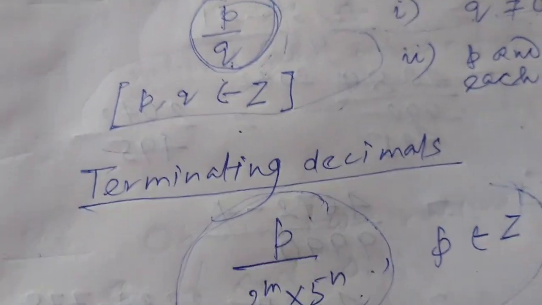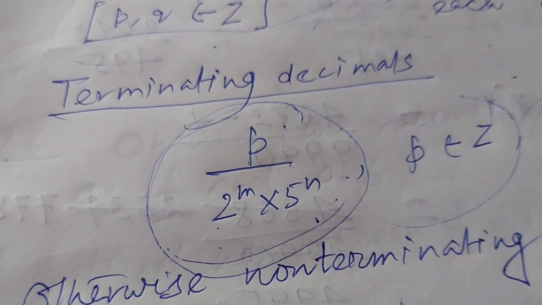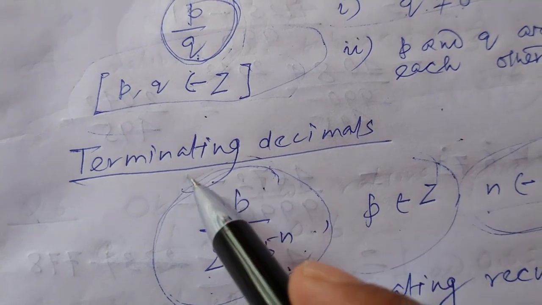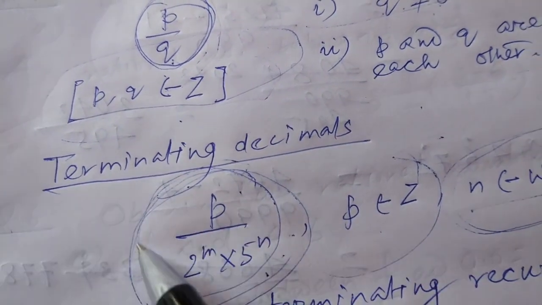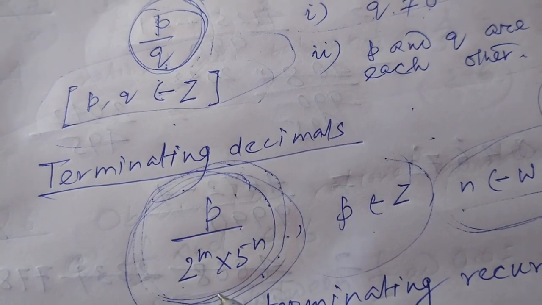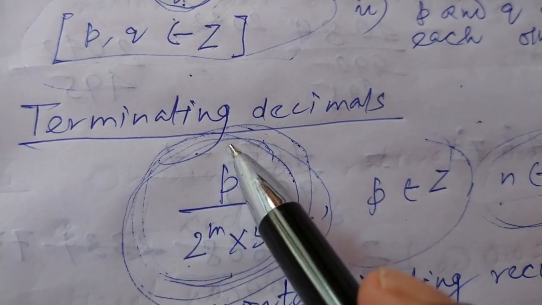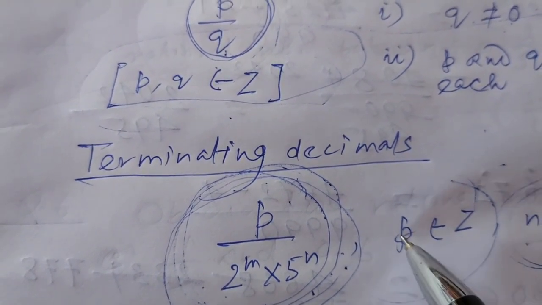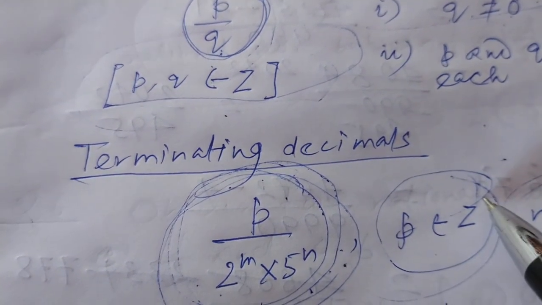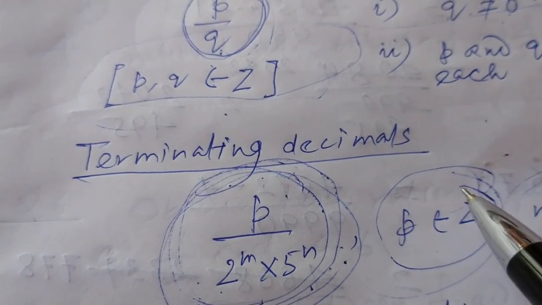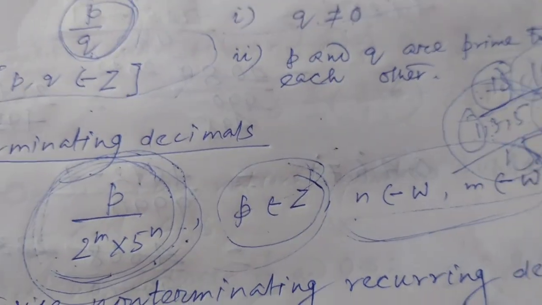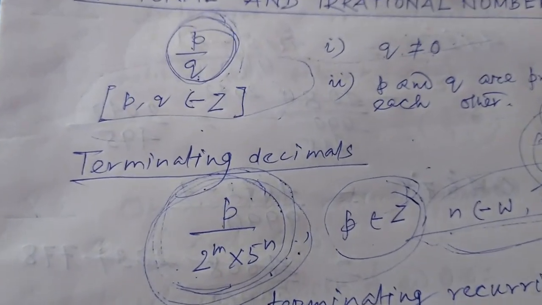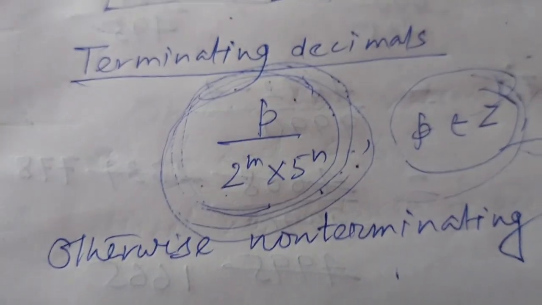Now, terminating decimals. What are terminating decimals? A decimal is a fraction which, after converting to fraction form, can be expressed in the form p by 2 to the power m into 5 to the power n, where p is an integer and m, n are whole numbers, m, n belonging to W. Then we can say that it is a terminating decimal.